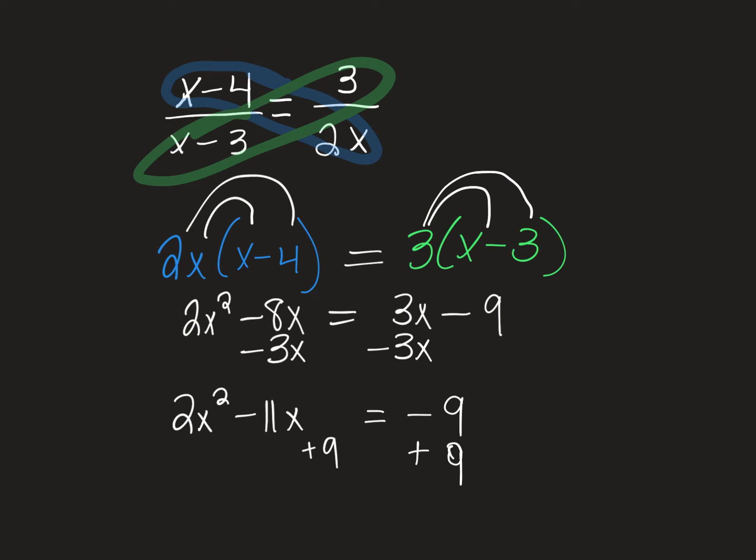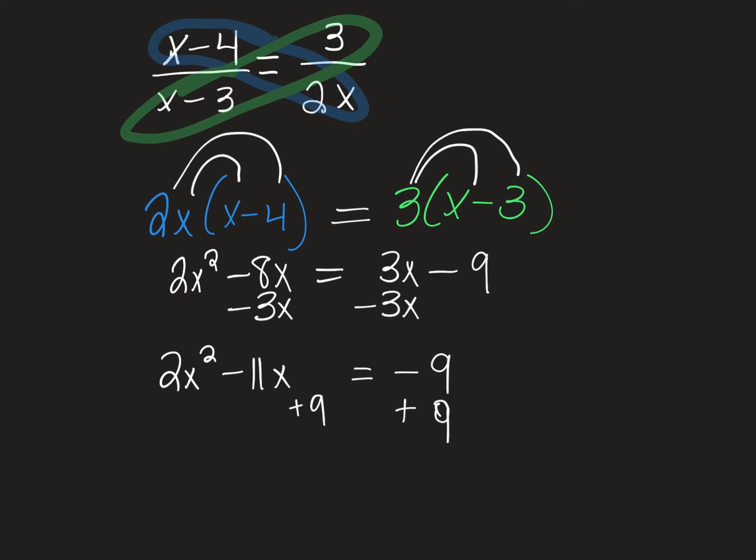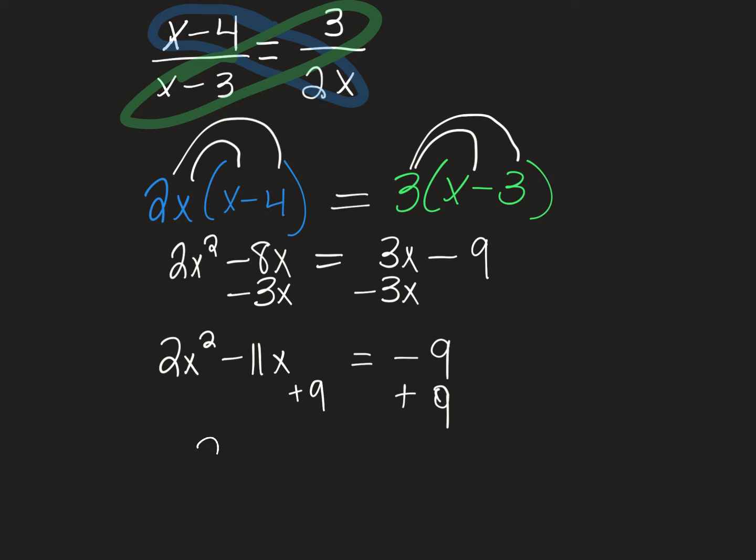So you get 2x squared minus 11x plus 9 equals 0. You can use the quadratic formula, or you can factor. Factor's pretty easy.